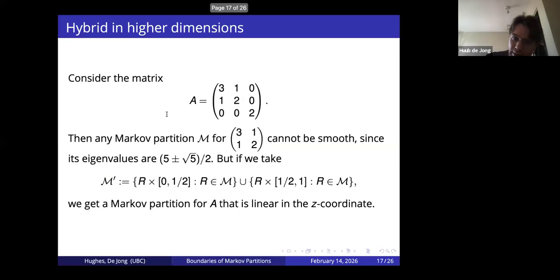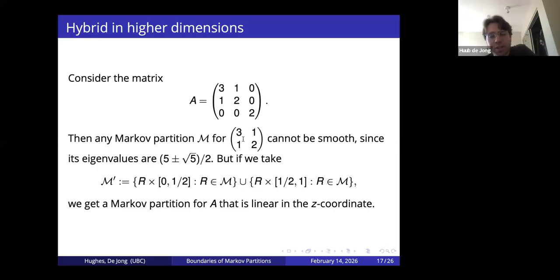And if I go to higher dimensions, I can start taking product systems. And this is also another way of obtaining this hybrid behavior, again, by our specific choice of what we call hybrid. So if I take a 3 by 3 matrix that looks like this, then I can think of the top left component as a 2 by 2 matrix, which will be expanding.